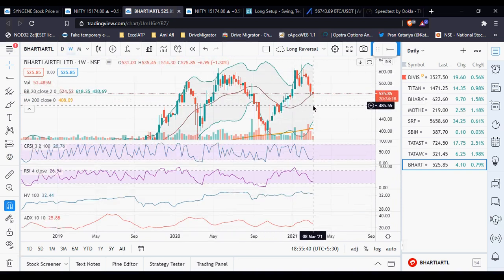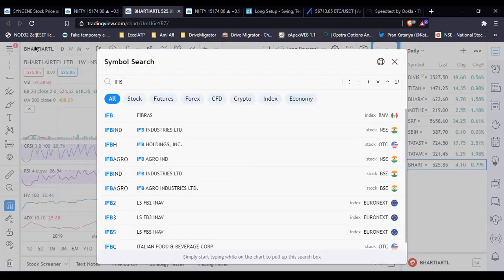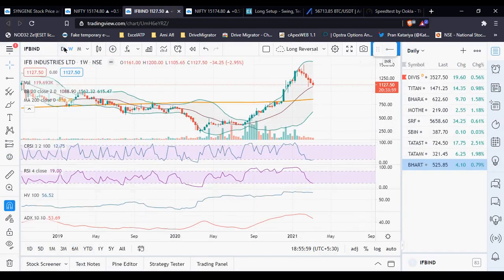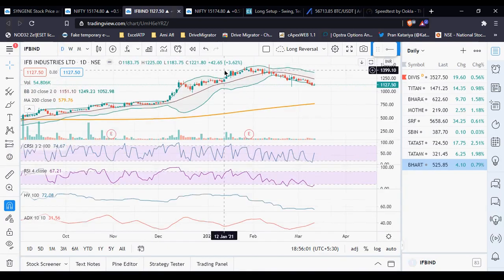On a weekly time frame, it is also giving me support on the middle Bollinger Band, that is SMA 20. And another stock which I found was IFB Industries. On a daily time frame, this stock has touched the lower Bollinger Band.